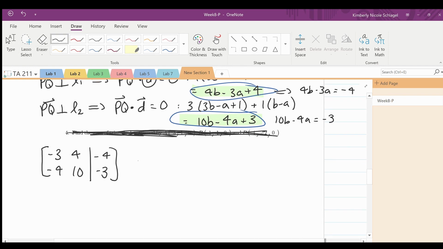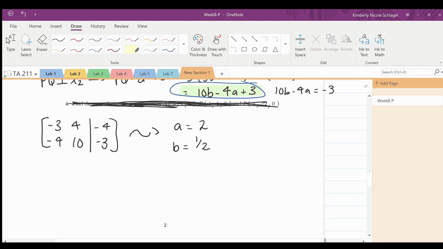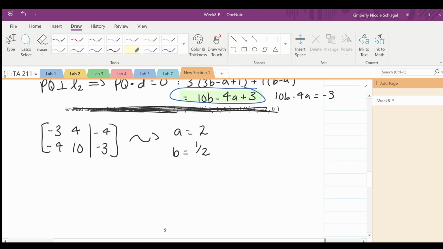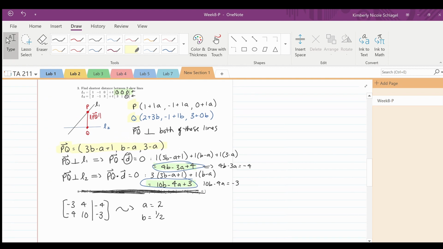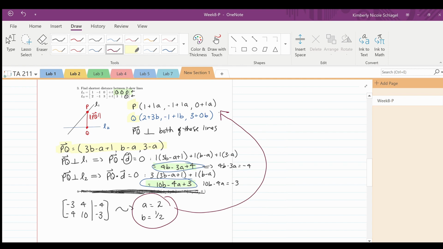Okay, when I do reduced row echelon form and I solve this guy, I end up getting a equals 2 and b equals 1 over 2. Okay, so now what I'm going to do is I take these solutions here, and I'm going to plug them into my original equations that I had here, my original points here.